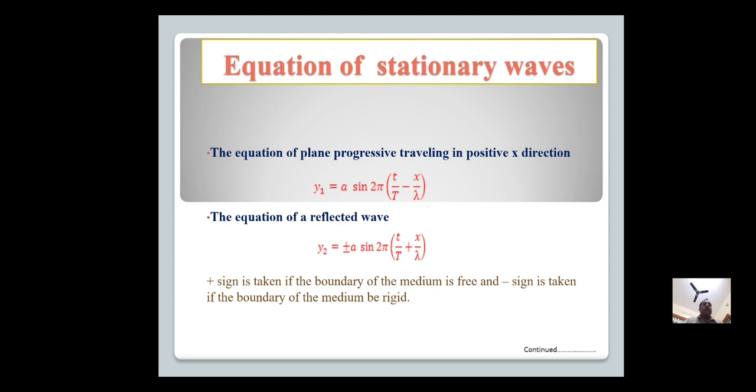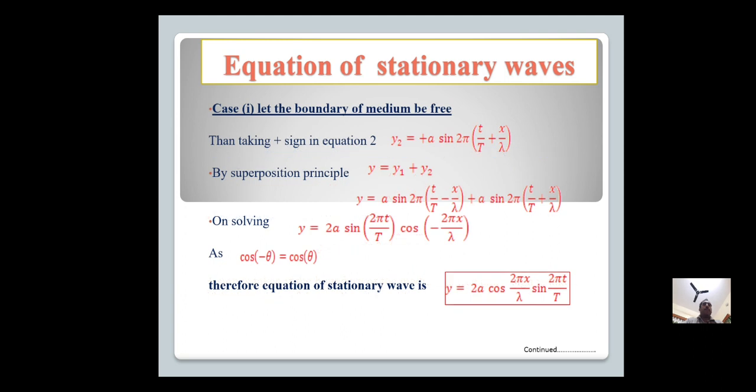So we get the reflected wave as plus minus a sin 2 pi (t upon T plus x upon lambda). In the first case, let us assume that the boundary of the medium is free. So we take the positive sign, and y2 becomes plus a sin 2 pi (t upon T plus x upon lambda).